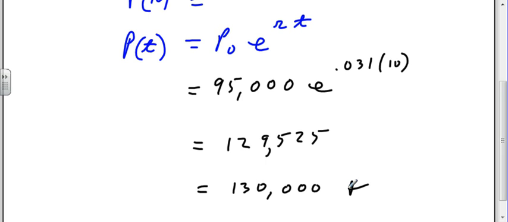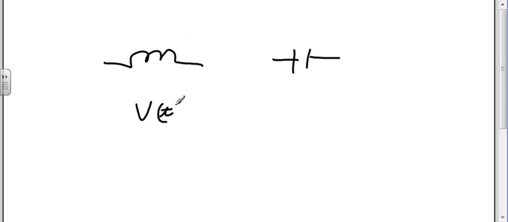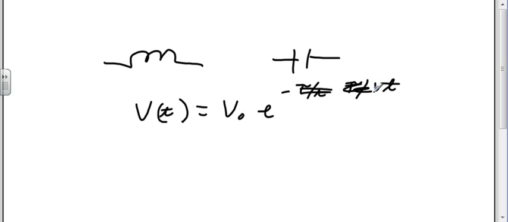All right, and guess what else goes up and down exponentially? Well, let's see, inductors charge exponentially, capacitors charge exponentially, right? So we have V at time T is equal to V naught e to the minus T over tau, whatever it is.